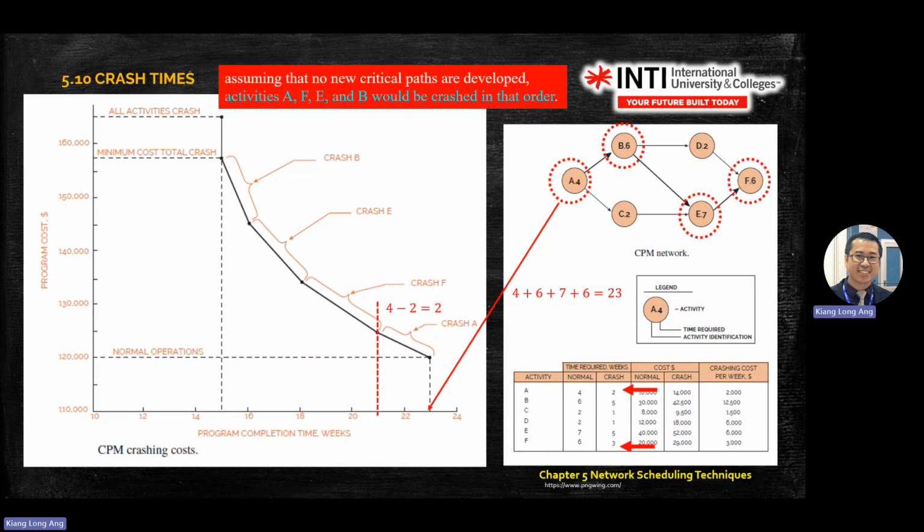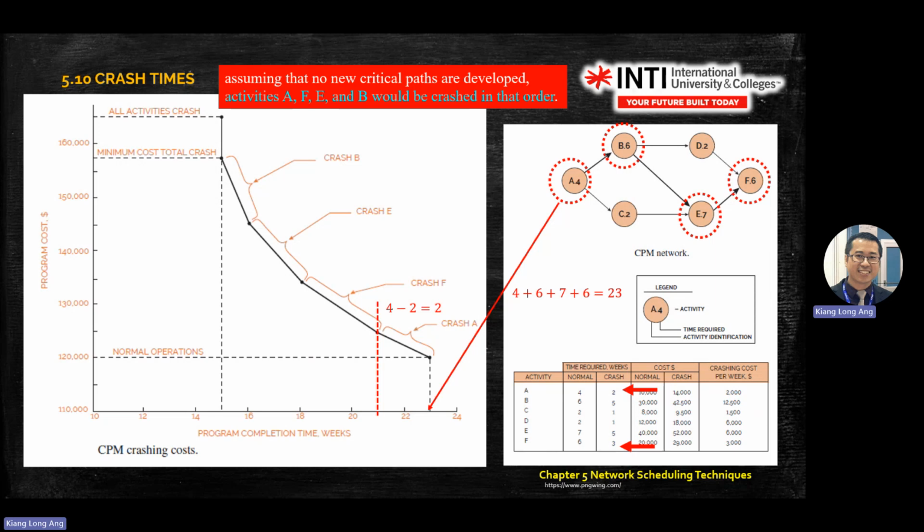We go for the lowest cost. You see the sequence of the costs here. We go to F because F is the second lowest cost. A is only 2,000, then F is 3,000. Then the next one will be E, which is 6,000.